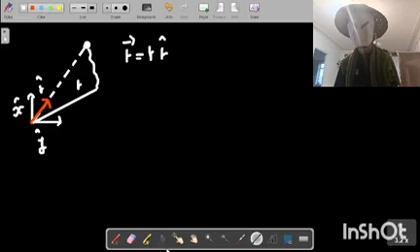Just like that. Let me remove this also. Let's put this. This length is r1. And this is the position of 1, obviously.